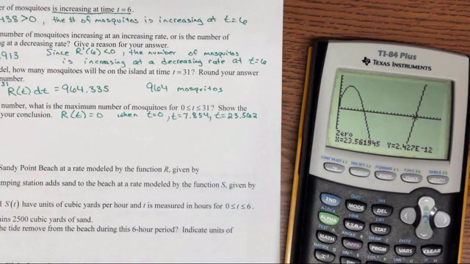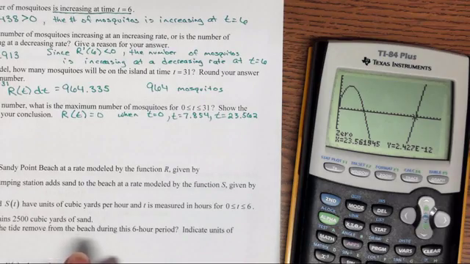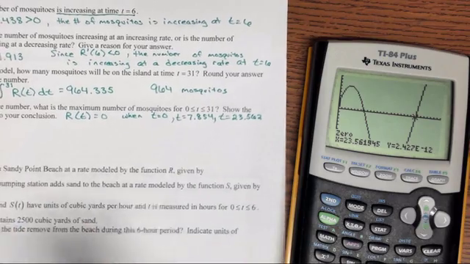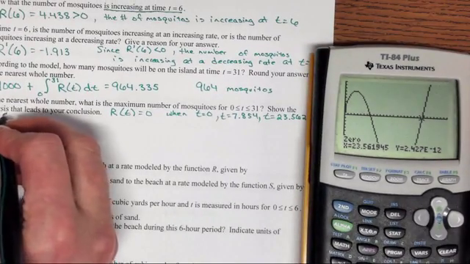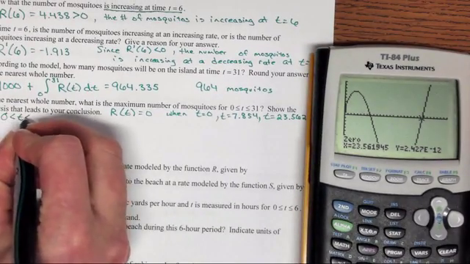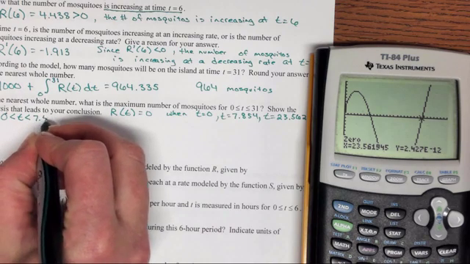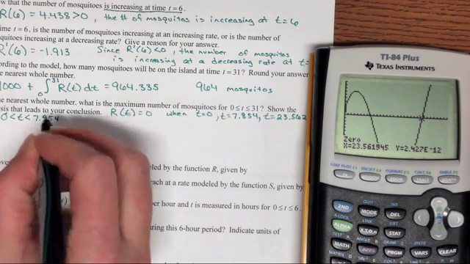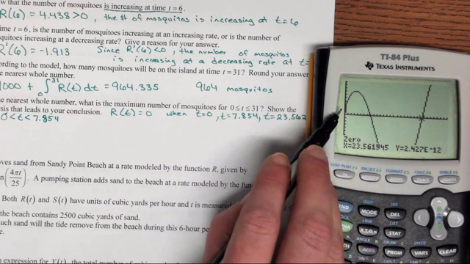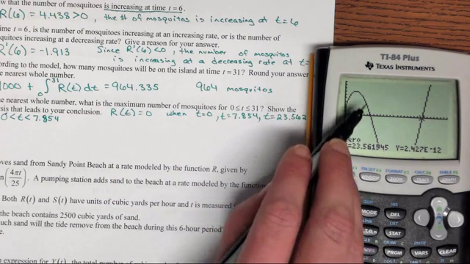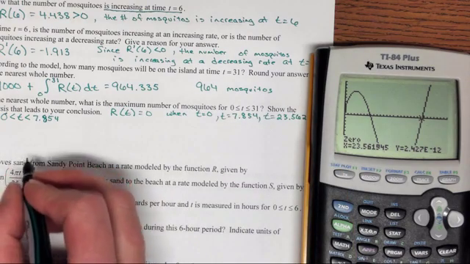Okay, so we really want to figure out what's happening, and we can really use our graph for this. Between time 0 and time 7.854, from here to here, my R is positive. It's above the x-axis.